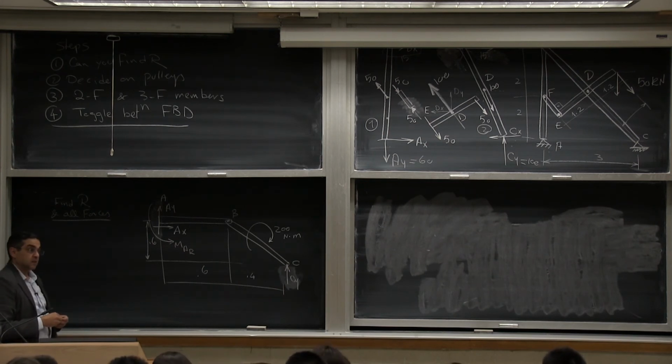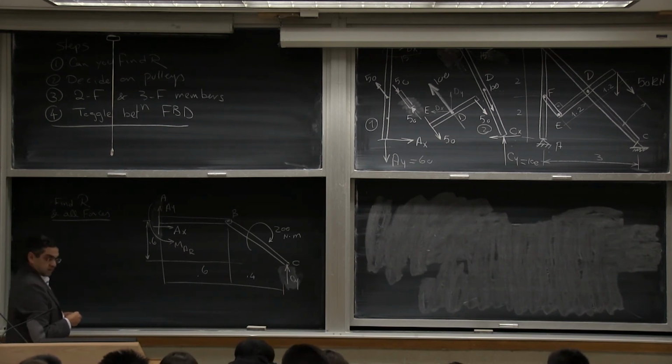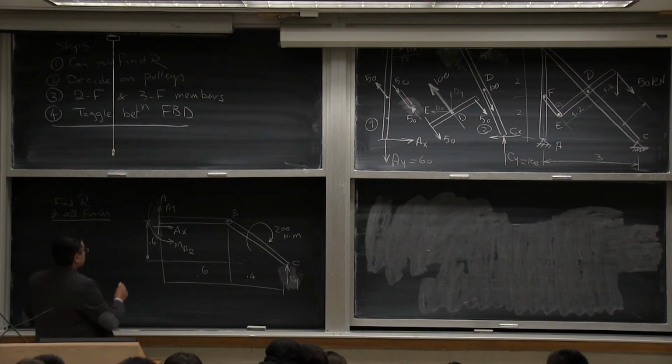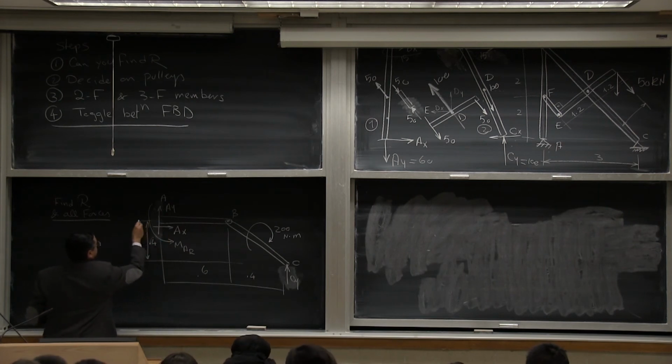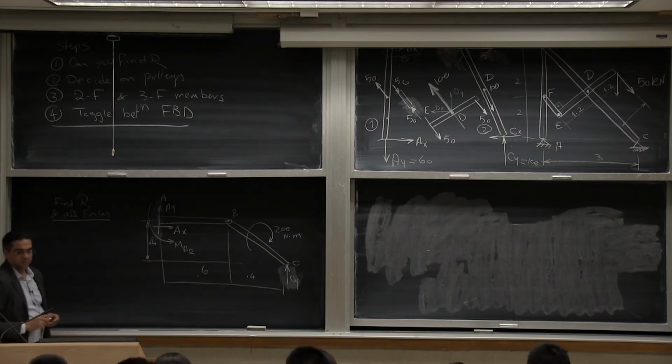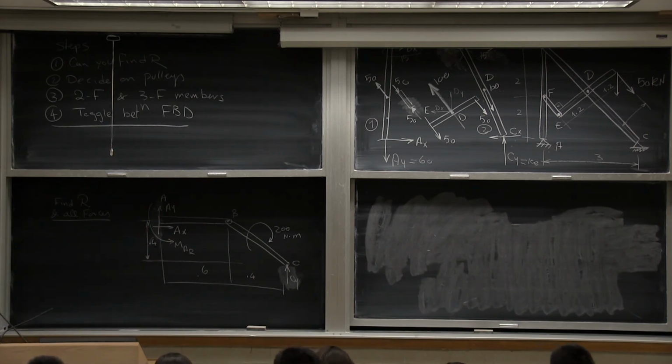Yes? What's the distance 0.6 here, the first column? It's actually 0.4. So this is the distance between C and A. So can I find any of the reactions, C, A, for the whole free body diagram?